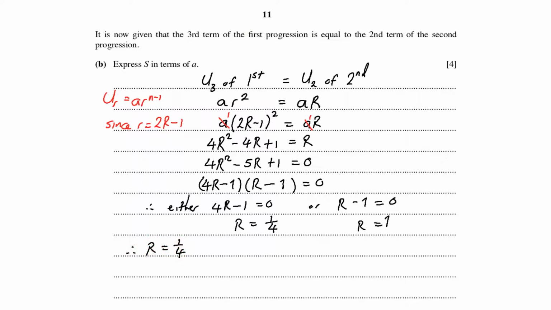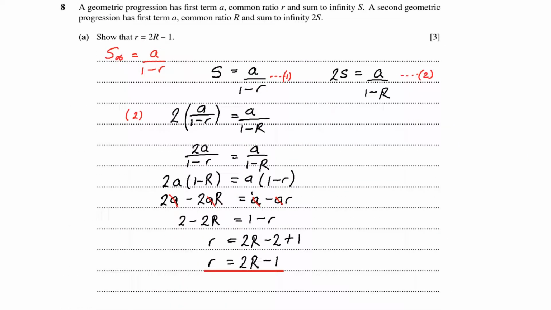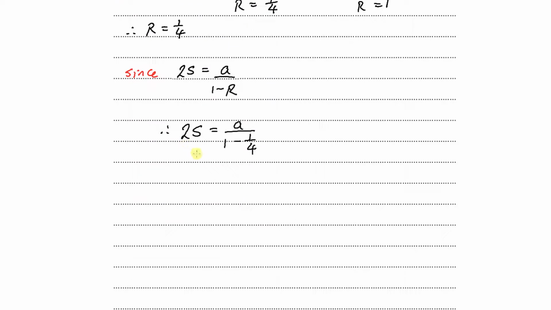So right now, I can take the expression for the sum to infinity for the second geometric progression, and we are going to substitute r into it. So since 2s is equal to a over 1 minus r, and r is a quarter, it therefore means that 2s is a over 1 minus a quarter. So let's simplify this. 1 minus a quarter is 3 quarters.